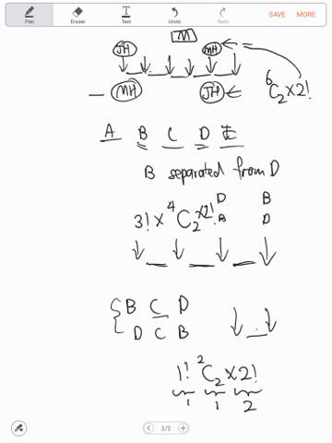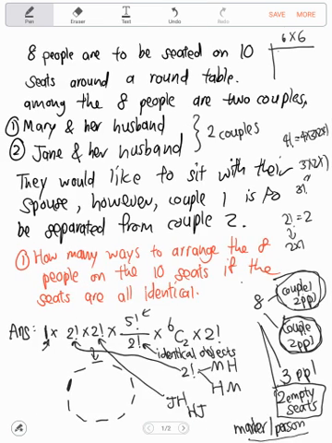So that constitutes 2 ways, so 2 factorial. Therefore that's why I am doing 6 choose 2 times 2 factorial over here, right? So that will be the total number of ways to sit given this requirement.